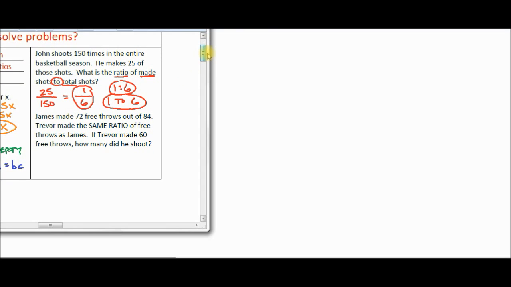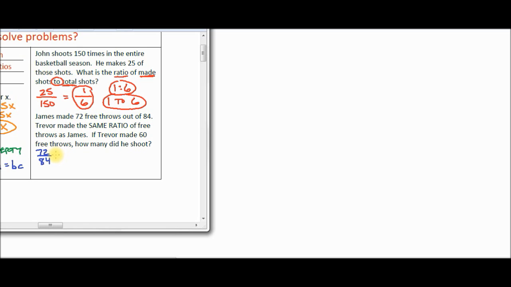James made 72 free throws out of 84. Trevor made the same ratio of free throws as James. If Trevor made 60 free throws, how many did he shoot? So, the same ratio of free throws as James. James made 72 out of 84, so I can write that as a ratio, 72 out of 84.